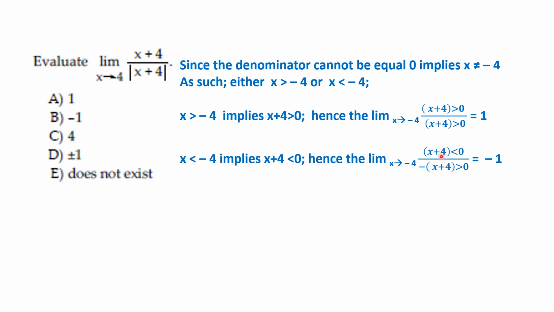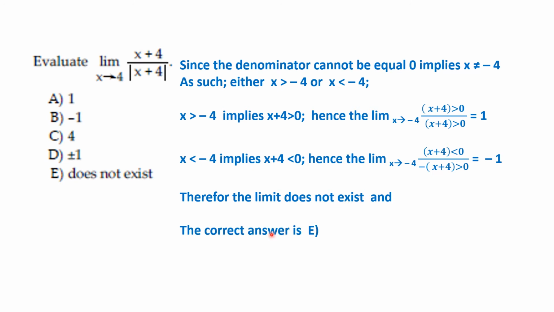Since x plus 4 is less than 0, negative (x plus 4) will be greater than 0. Now, the numerator and denominator have different signs, so the answer is negative 1. The fact that we have the answers 1 and negative 1 implies that the limit does not exist, and the correct answer is E, does not exist.